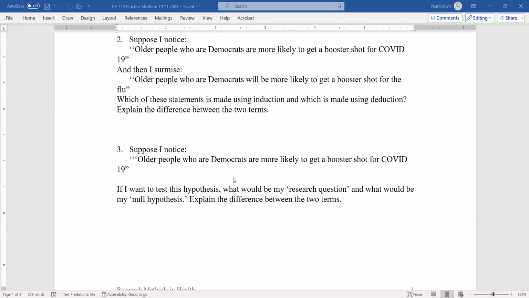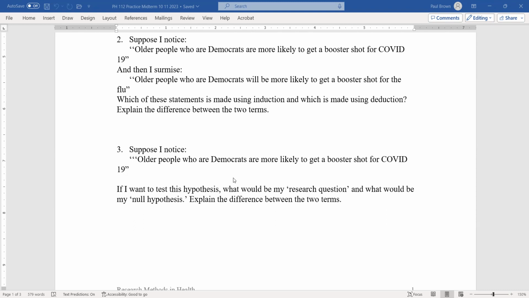So if you wanted to break these things into different parts, you'd say, research question: does party affiliation determine likelihood of getting a flu shot? That's your research question, right?